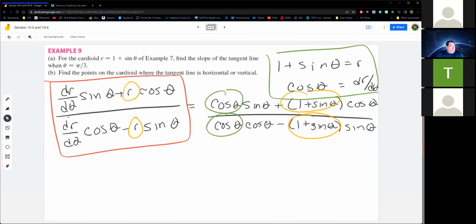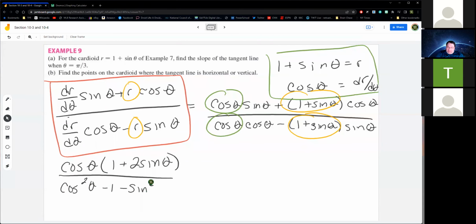All right, so we can simplify this down a little bit. I can take out a cosine here, and then I have 1 plus 2 sine theta left on top. And on the bottom, I have cosine squared theta minus sine theta minus sine squared theta.